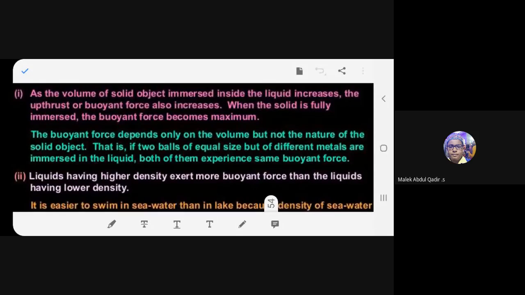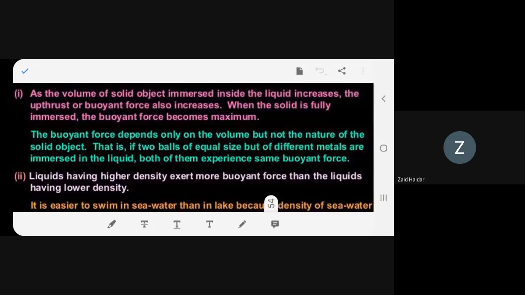Now we just found that as the volume of any object inside the liquid increases, the buoyant force also increases. And when we completely put the object inside the water, the buoyant force is maximum. Why?